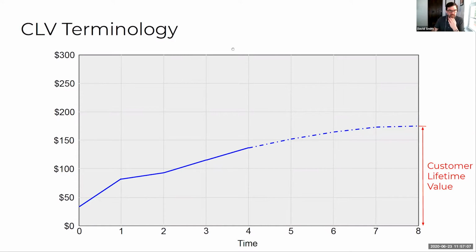Generally speaking, the non-contractual, well, I guess there's different types of marketplaces, but both the supply and the demand side of the marketplace are going to behave in a non-contractual manner. And so I would say that you want to treat both of those sides as their own set of customers and their own business.